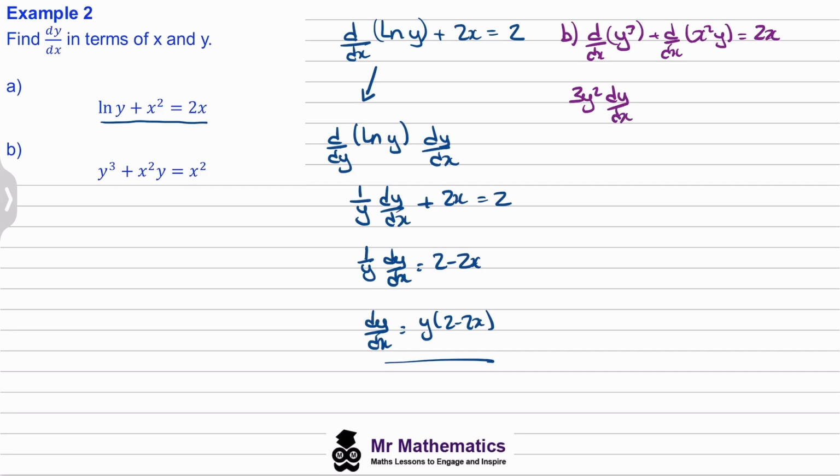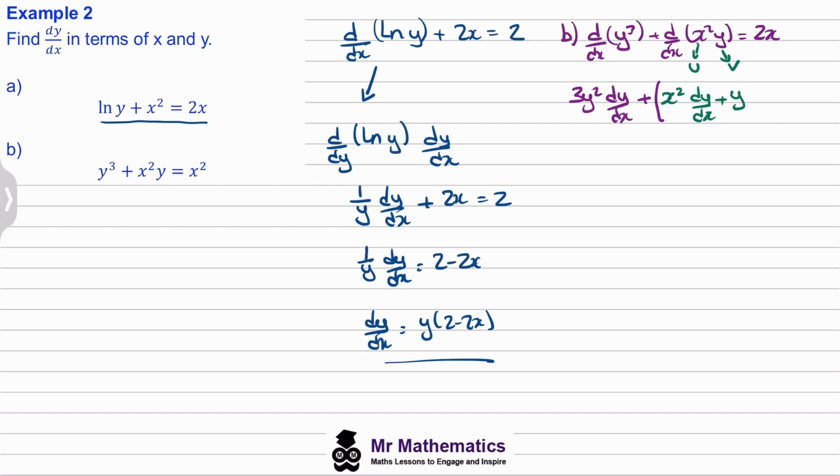And then we need to differentiate with respect to x this term, and here's a product. So we're going to use the product rule. So we'll make the x squared the u term, and we'll make the y the v term. So we'll have u dv, and when you differentiate y with respect to x, we get dy by dx, plus the v term times du.